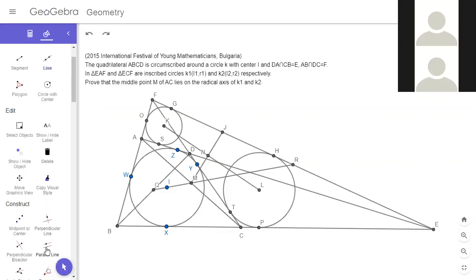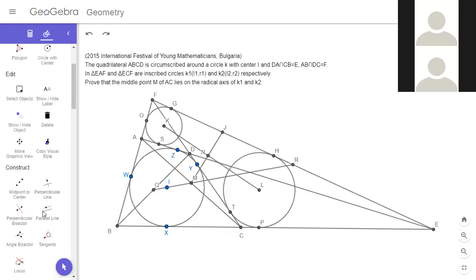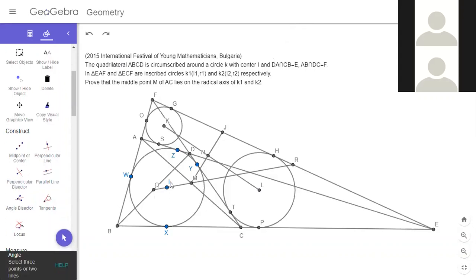Let me draw the perpendicular bisector of KL. I'm just curious. By the way, we know here that IAK is 90 degrees. IJK. Yeah, that helps in finding some cyclic quadrilateral.